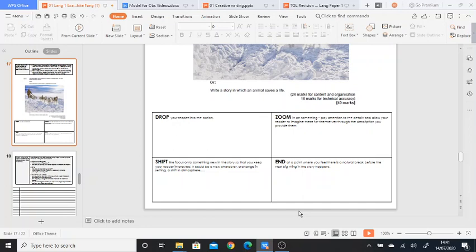Then shift: shift the focus to something new in the story. That could be a narrative shift, a shift in subject matter, perspective, or time. It could be a number of things. And then the end: think about how you're going to end.